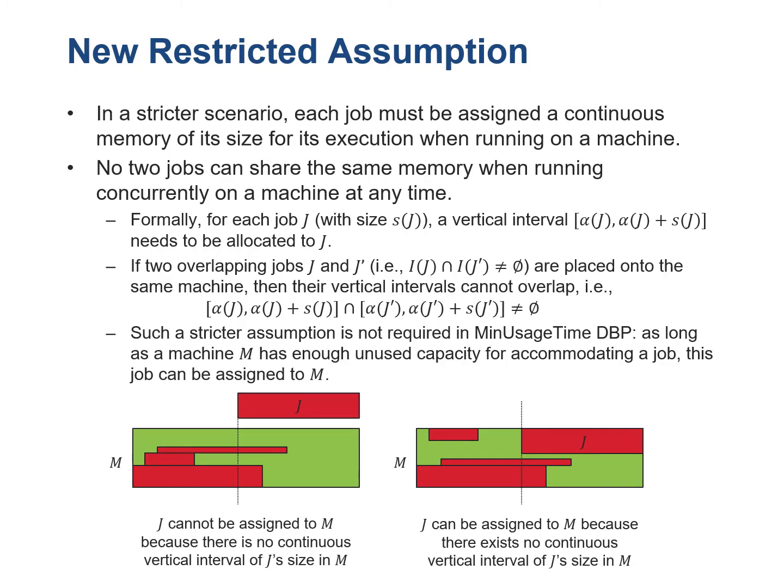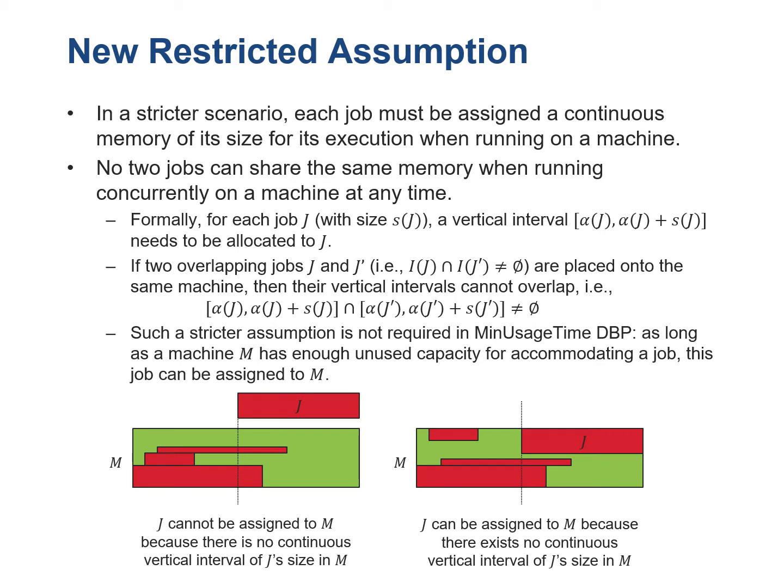Okay, now we reach the topic we are really interested in this talk. We want to consider a stricter version of the previous min usage time DBP problem, which assumes that each job must be assigned a continuous memory of its size for its execution when running on a machine, and no two jobs can share the same memory when running concurrently on a machine at any time. Here I want to stress that such a stricter assumption indeed makes a difference from the previous min usage time DBP.